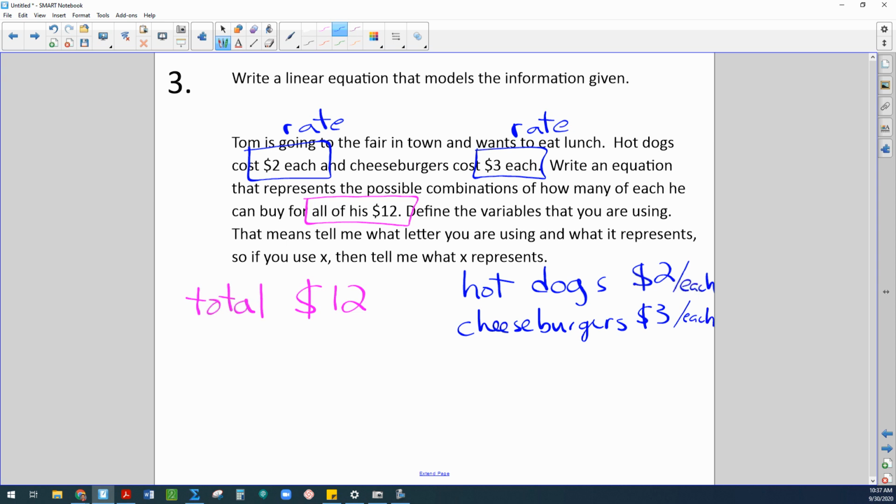Whenever you have two rates and a total, we're actually going to use a standard form equation. Because we don't have a single rate and a starting point, we have two rates and a total. My total is what it's equal to by itself. And A and B represent the two rates.